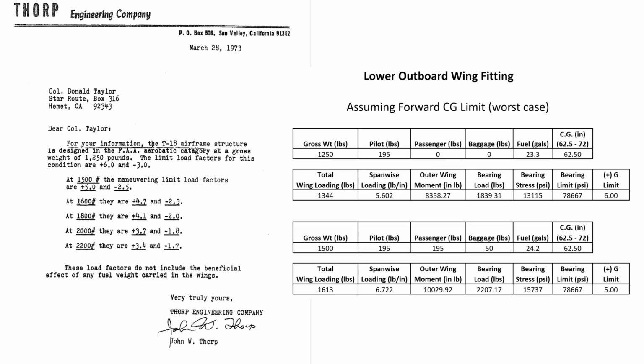So he must have assumed that that lower bolt was a critical structural point for ultimate failure. And then he showed that at 1,250 pounds, we have an upper positive G limit of 6, and then at 1,500 pounds, the max positive G limit was 5, and that again matches John's calculations exactly. So I felt pretty good about having those assumptions fairly accurate.